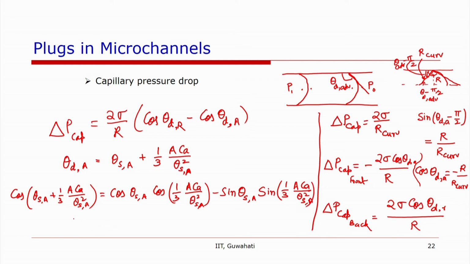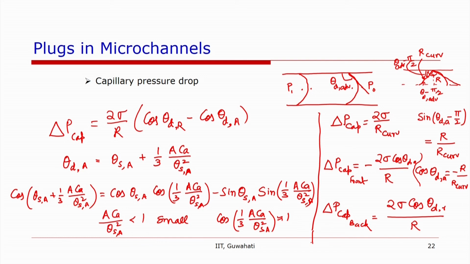So if we have assumed while linearizing this that ACA over theta SA squared is small, so we can say that cos of 1 by 3 ACA over theta SA squared is about 1.